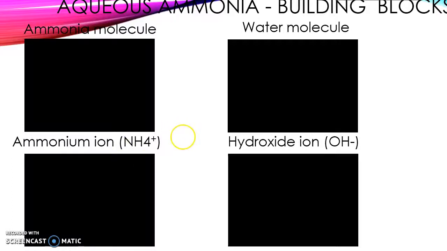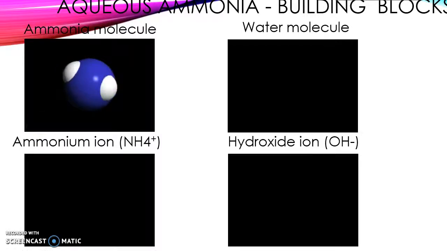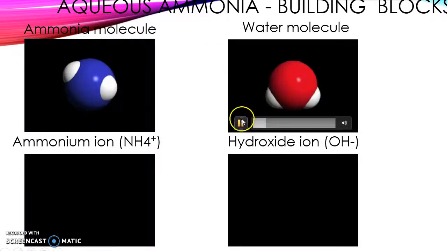Okay, so looking at the aqueous ammonia building blocks, there are actually four different molecules being involved. There is the ammonia molecule, which is the majority of the solution. So the aqueous ammonia is mainly ammonia molecules, with of course a large number of water molecules, which you're familiar with already.